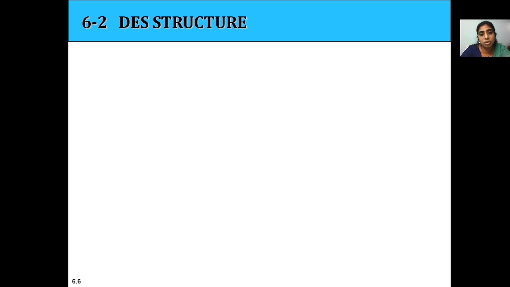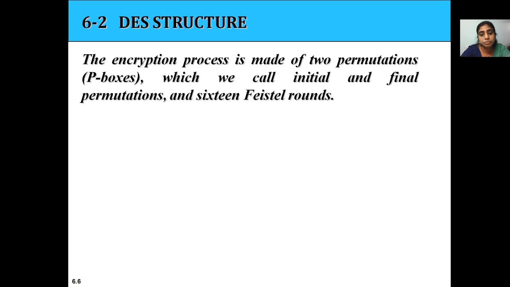Coming to the structure of DES, initially the structure contains two permutations or two P-boxes, that is the initial permutation and the final permutation, and the number of rounds in the DES algorithm is 16.